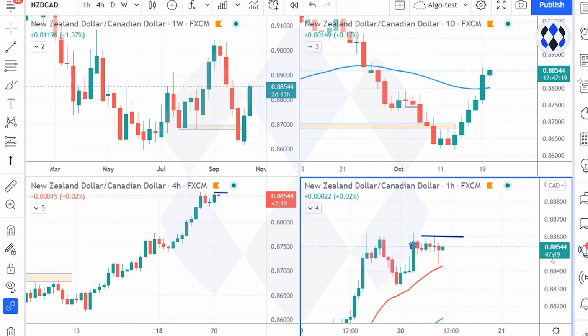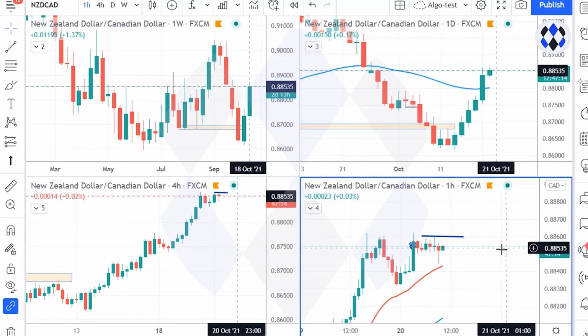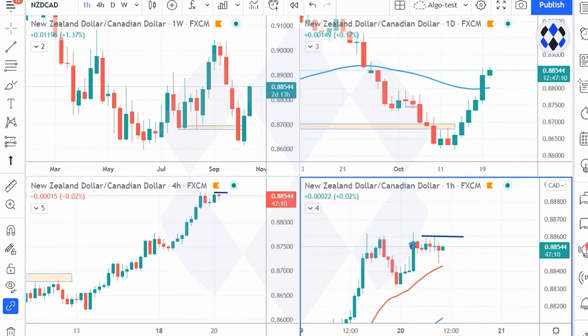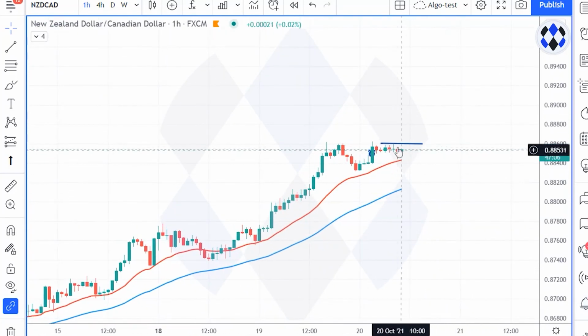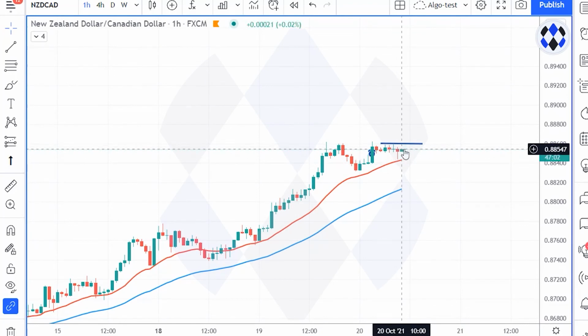And yeah, it's just a question of being a bit patient, because never rush into trades that you think will come your way. Right now, if we're just looking at the hourly time frame here, we are seeing a very nice pin bar here, down almost touching the 20 SMA, shooting away from this.